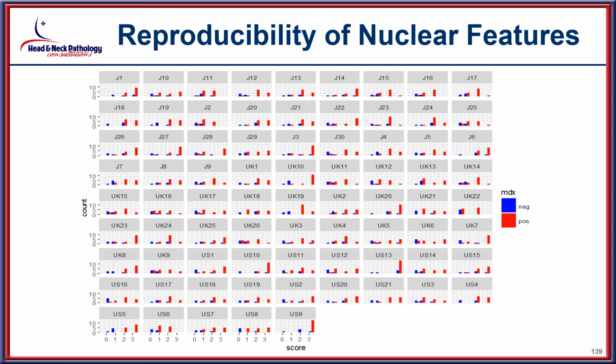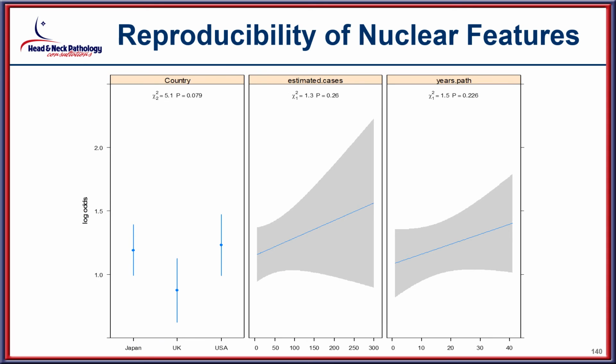Each and every one of the cases was separately adjudicated for each of the groups in order to be able to come up with positives and negatives, and ultimately there was not really a specific difference between the countries or between the number of cases that were reviewed or the number of years as a practicing pathologist, although as you can tell from the lines, there's kind of a trend going towards the longer you've been in practice and the more cases you see, the more likely you are to be able to make the correct criteria.